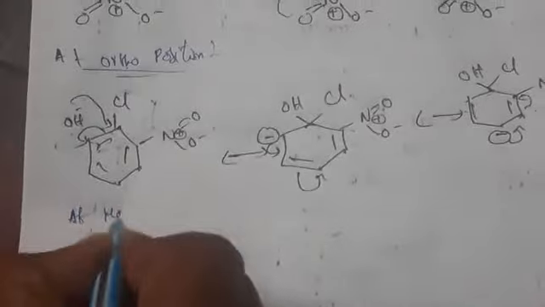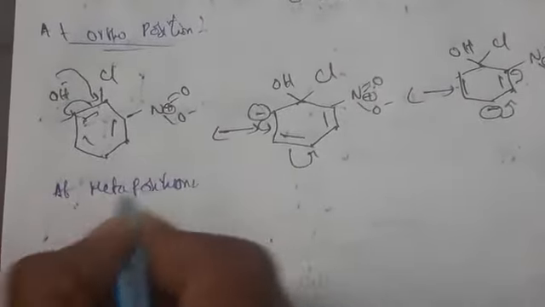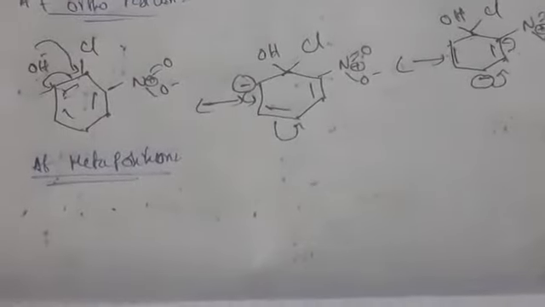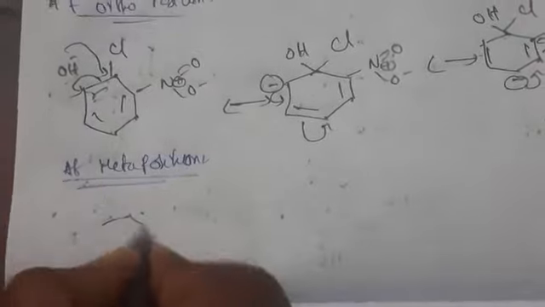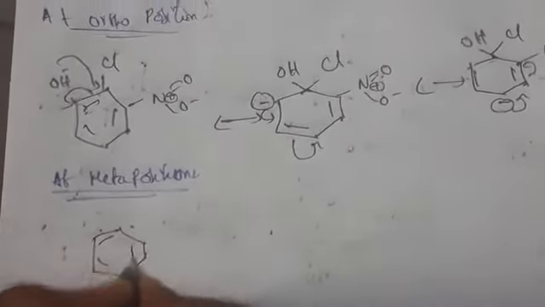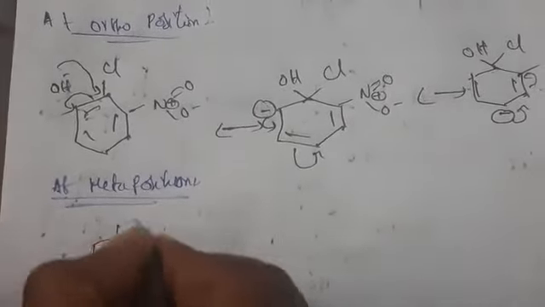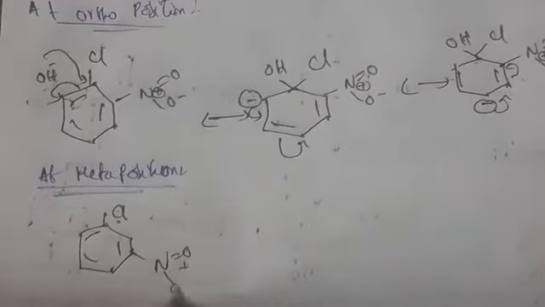Coming to the meta position. So what is the next one? At meta position. So now at meta position, what happens here? At meta position, if you have taken this one, so chlorine, here we are taking N double bond O plus, O minus.